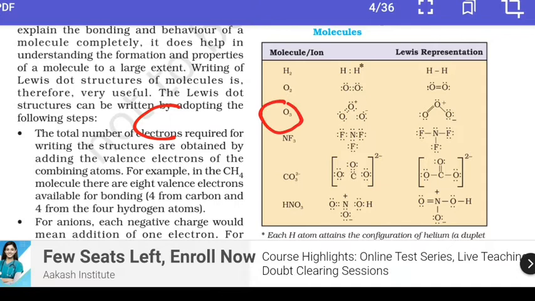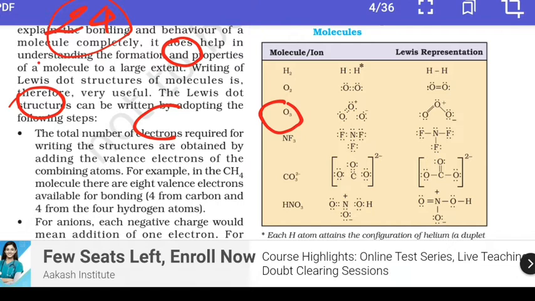So 1st oxygen, 2nd oxygen and 3rd oxygen, and the total number of electrons is 24. It was calculated 24. So we may distribute the number of electrons.